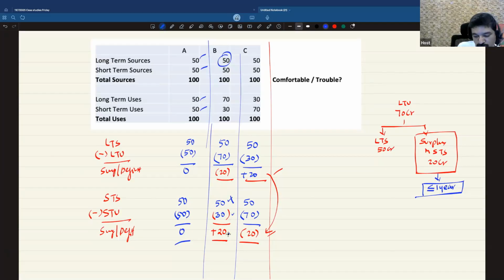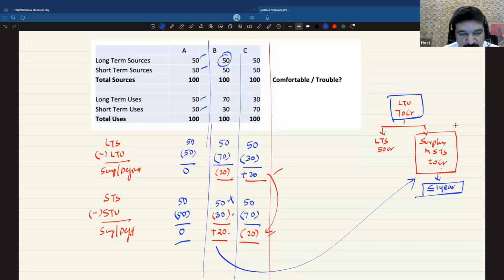This remaining 20 crore will not come because it is not sitting in short-term use or short-term asset. Rather, it has gone for long-term use or long-term asset. So this 20 crore, which has been used from short-term source for creating a long-term use, is actually a disaster. I repeat once again.